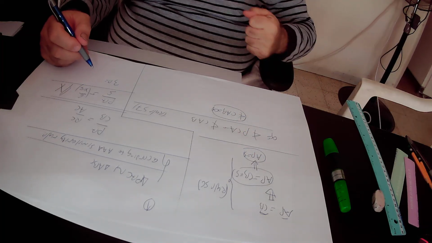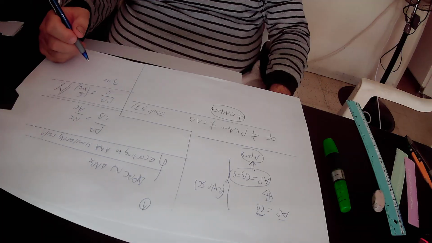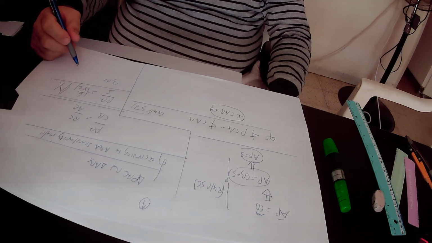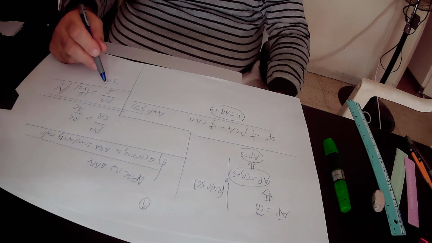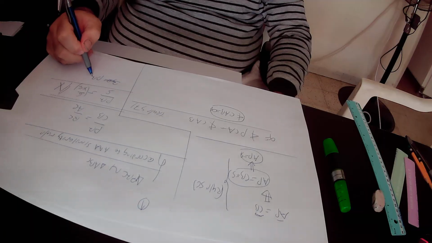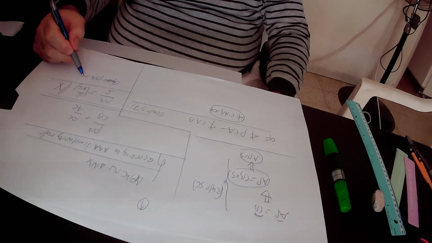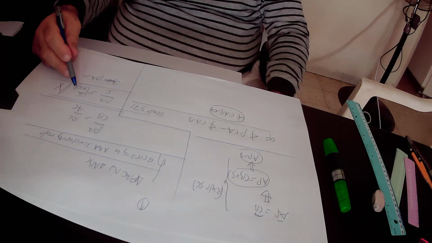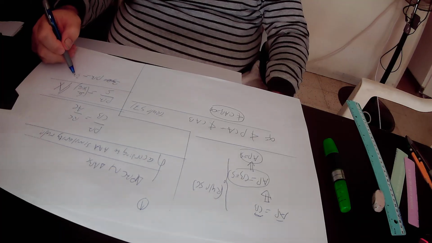Actually, we can multiply this equation by 5, and we get that PQ over 5 becomes PQ. And here 6 times 5 is 30, so on this side of the equation we have 30 over x plus 6.